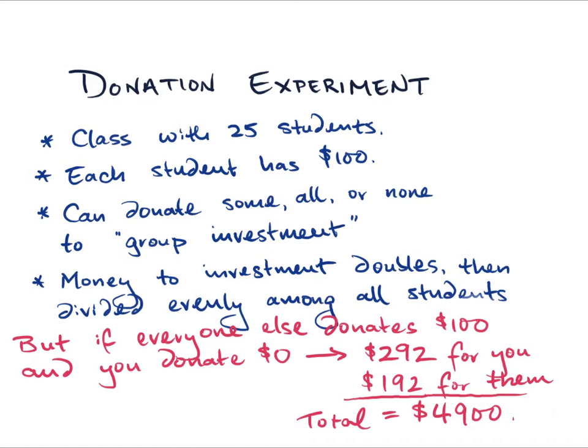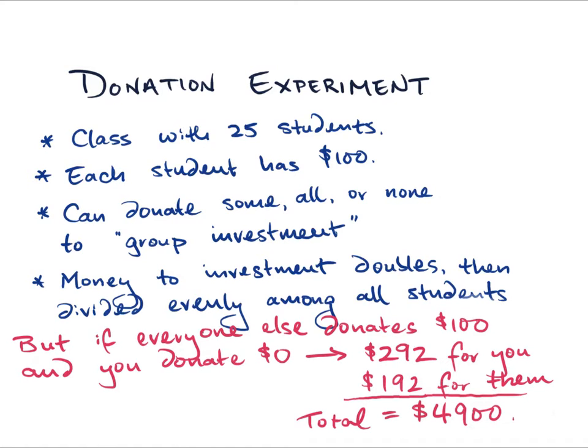So you have a total of $292. Okay? Now, that is actually better for you than contributing to the common good. If you contributed to the common good, you'd get only $200. So it's in your best interest to donate nothing. That's how you get the most money.